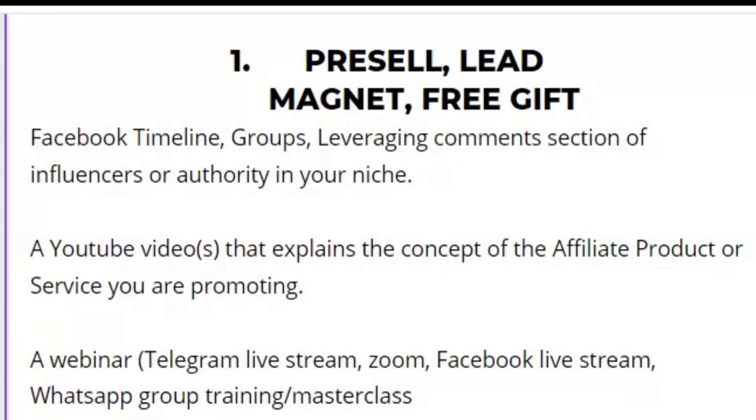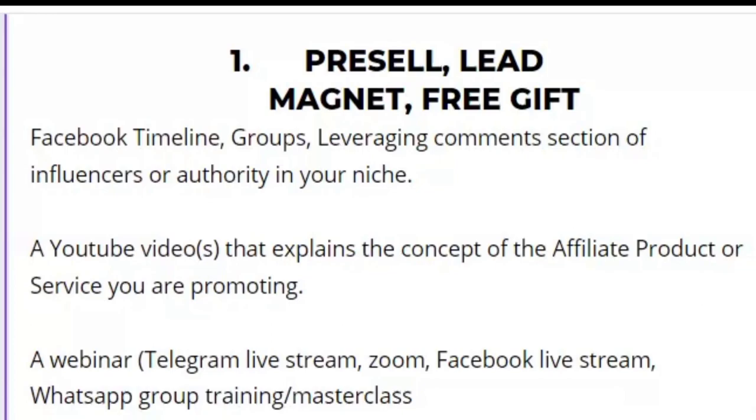Now, a pre-sale can come in different formats or in different ways. A pre-sale most times can be done via organic ways or paid ways. The best way I would always advise beginner affiliate marketers when they are starting out is, whenever you are creating a pre-sale, use your social media platforms, use your website or your blog if you have one, as a means of creating valuable content.